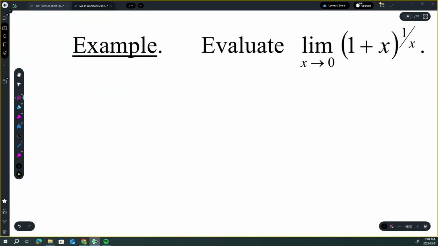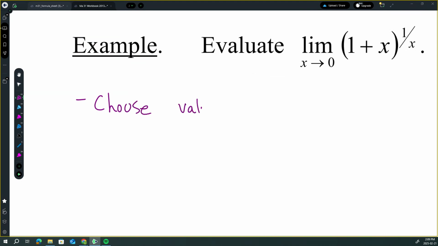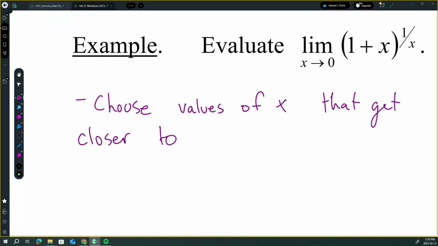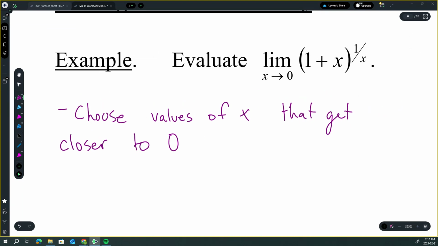So here's our game plan. We're going to choose values of x that get closer to 0. Why are we choosing values of x that get closer to 0?